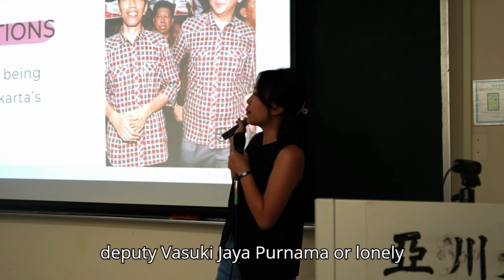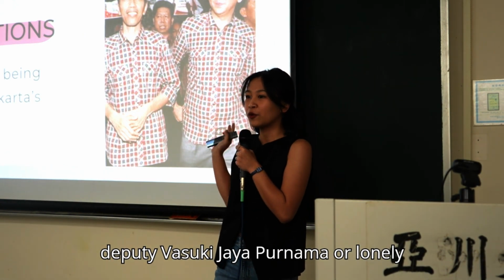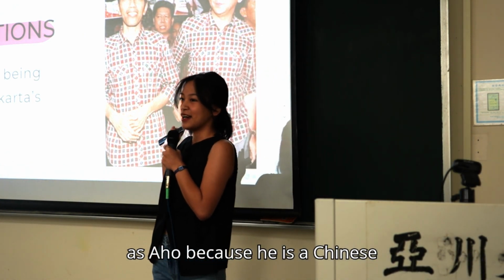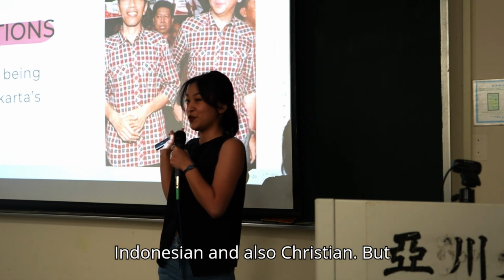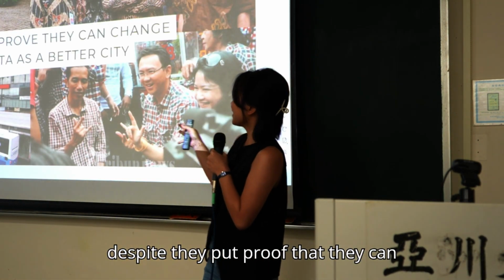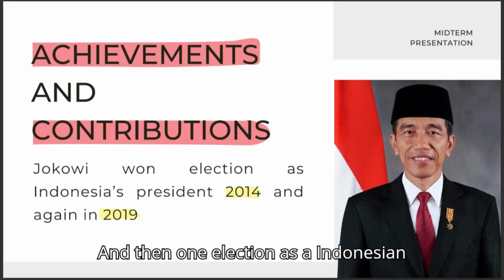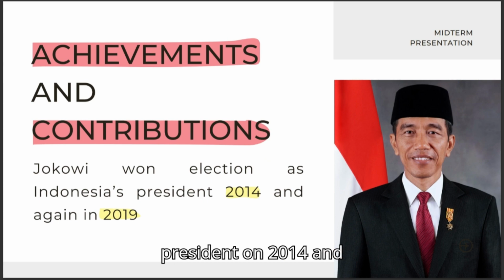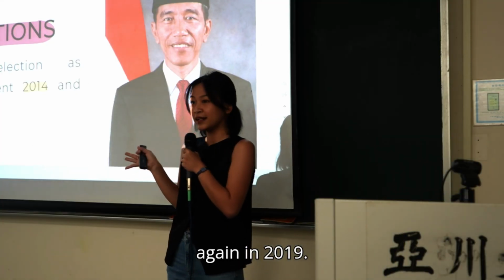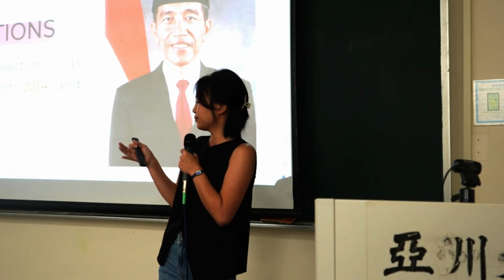And then in 2012, he was elected as Jakarta's governor, but many people criticized the choice of his deputy, Basuki Tjahaja Purnama, known as Ahok, because he is Chinese Indonesian and also Christian. But despite that, they both proved that they could change Jakarta into a better city. And then Jokowi won election as Indonesia's president in 2014 and again in 2019.